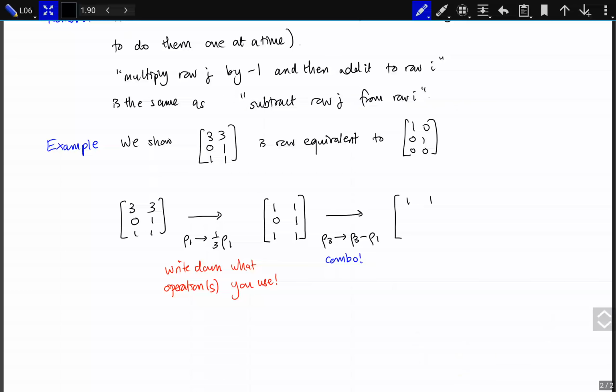You notice that as I write them, often nothing will happen to some of the rows. But row 3 becomes this, subtract that, and I actually get 0, 0. And lastly, I'm going to subtract row 2 from row 1. So I get 1, 0, 0, 1, 0, 0. I subtract off that 0, 1 from this 1, 1. Okay, good. And that was what we wanted to do.